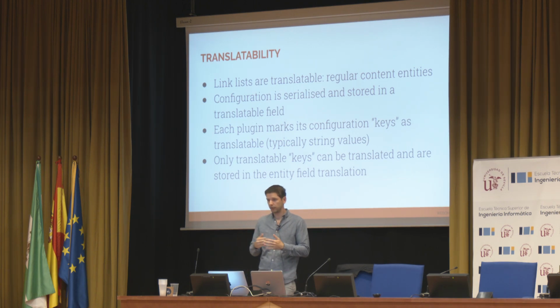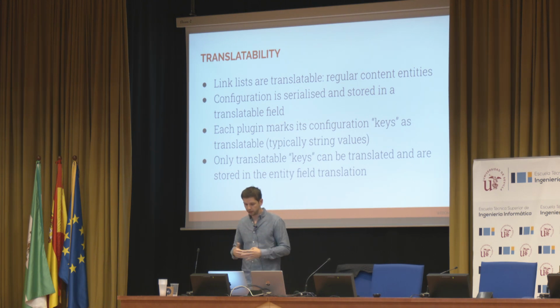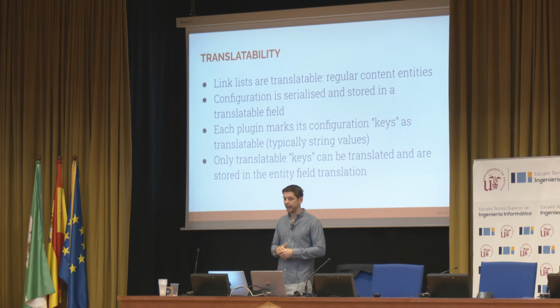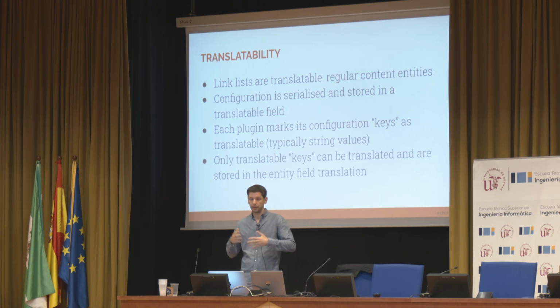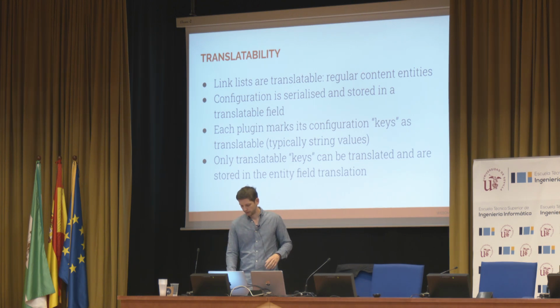This typically happens for string values, but can also happen for a URL or whatever. It's up to you or the plugin to define it. Then they show up as translatable when you go to translate the linked list entity, whereas the rest of the values in the configuration are not translatable. But I'm going to show you how this actually looks, okay? Because it's a bit different than you might expect from a Drupal entity translation form.